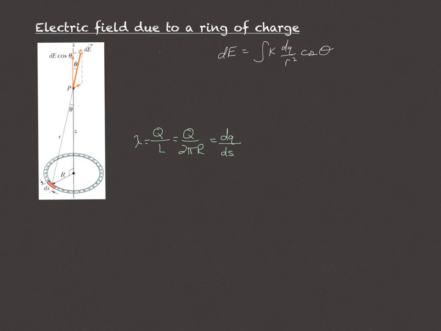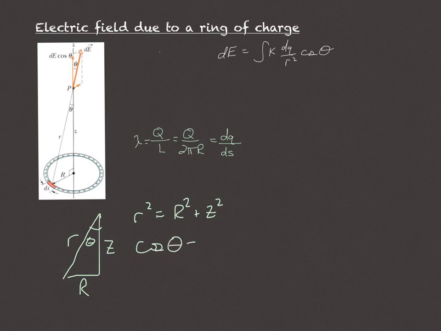Looking at the triangle that is being made up of the radius, distance away, and the distance from the point, we can see that little r is equal to this, and the cosine of that angle theta is equal to z over little r, and we can substitute the square root of r squared plus z squared in for that little r.